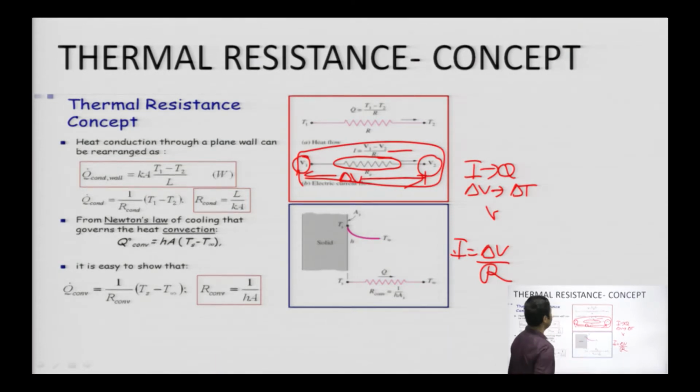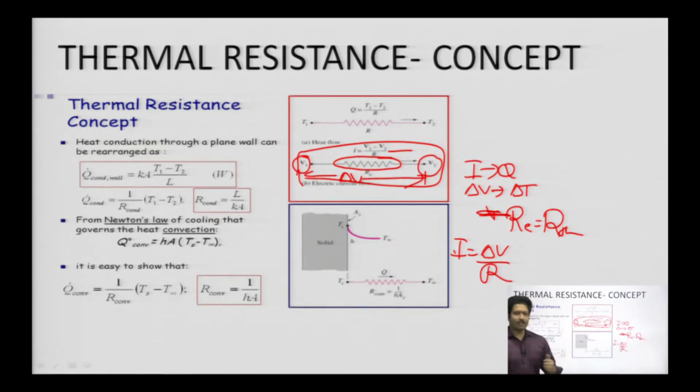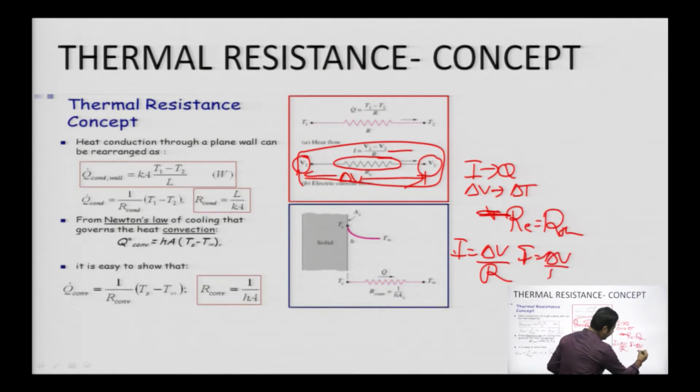Now in the thermal circuit, the electrical resistance is being replaced by the thermal resistance. So I equals delta V by R becomes, in a thermal circuit, Q equals delta T by R.